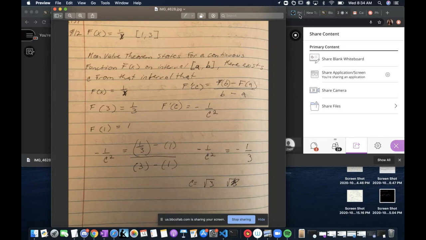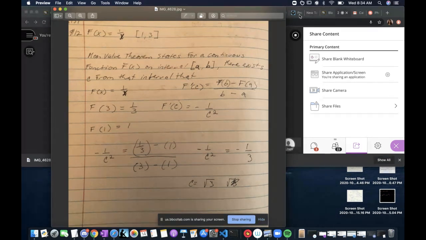Can you repeat that last question? You didn't show me how you got your answer c equals radical 3. You skipped some steps, right? I just want you to tell me what those steps are. Yes.